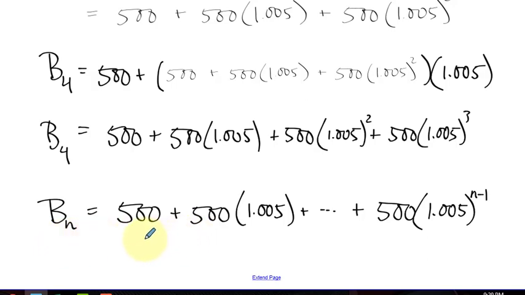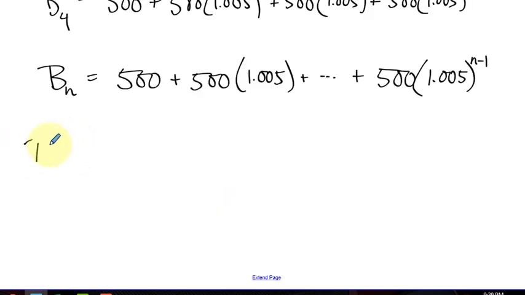In fact, this is n terms after n payments, but only the first n minus 1 payments actually earn interest. You're getting that last $500 payment that didn't yet earn interest in the nth month.